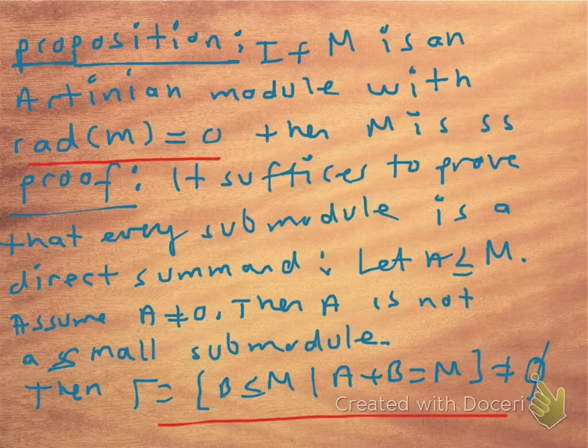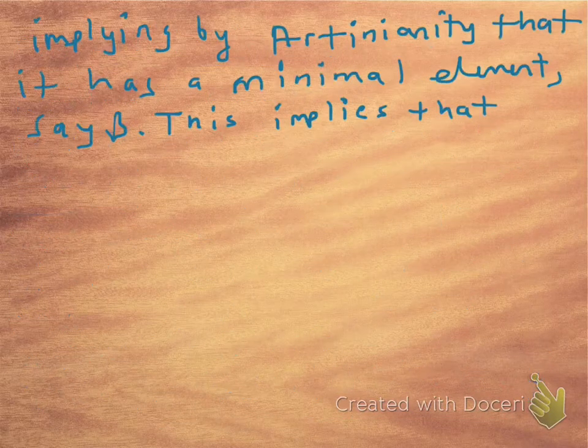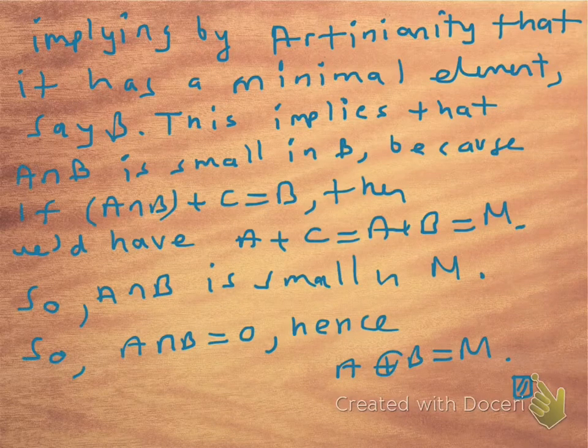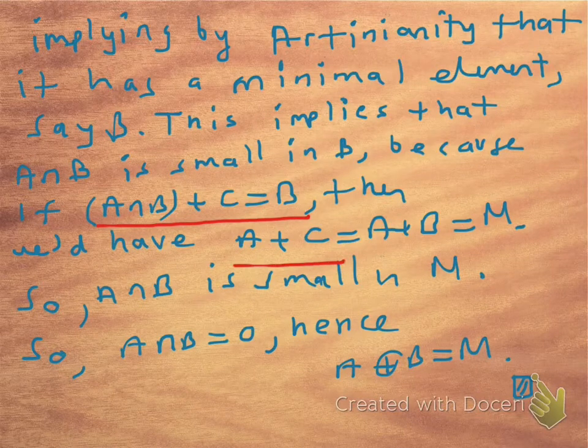So by the Artinianity assumption, we can choose a minimal element of gamma, called B, and notice that A intersect B is small in B, because if A intersect B plus C is equal to B, then adding A to both sides, A intersect B would merge into A, therefore A plus C would be equal to M. But this would contradict the minimality of B as a module whose sum with A is equal to M. So A intersect B is small in B, but then once it's small in B, it has to be small in the even larger module M. This is easy to see.